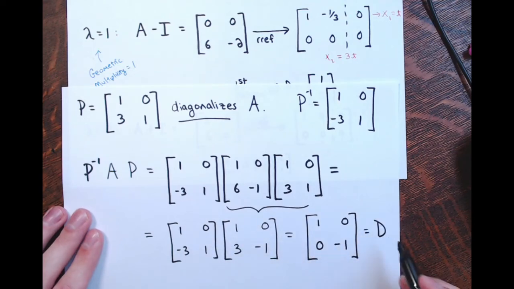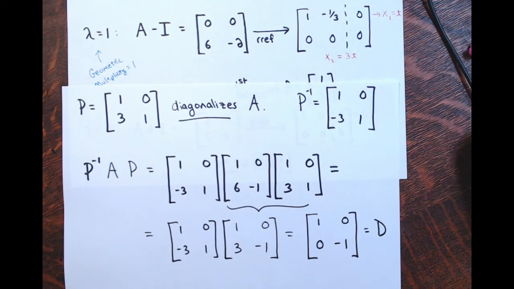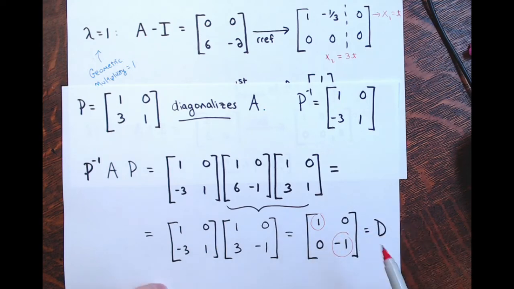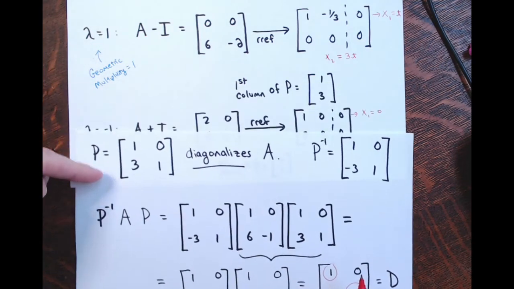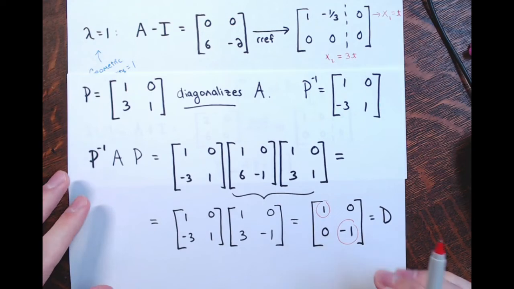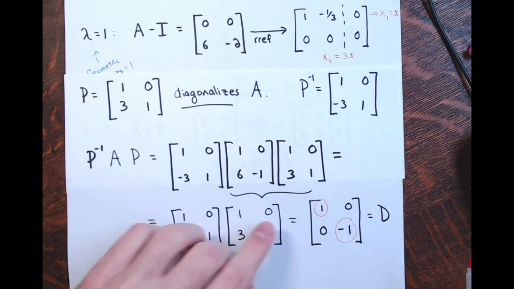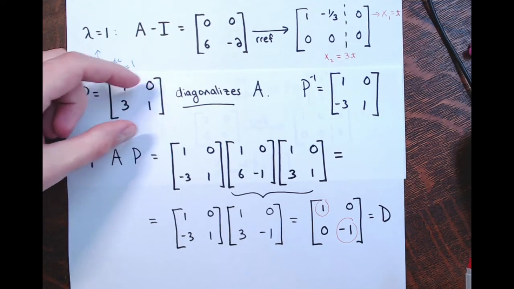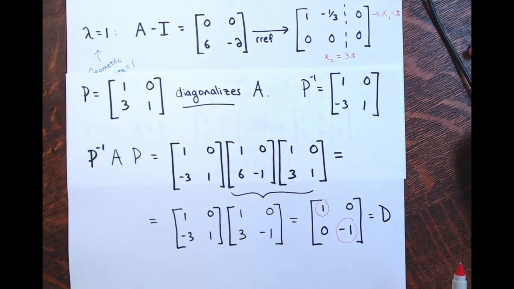There's that diagonal matrix I was talking about. Look down the main diagonal. Those are the eigenvalues in the order I found the eigenvectors with. The order that these come in corresponds to the order that I put the columns of P. Wonderful.